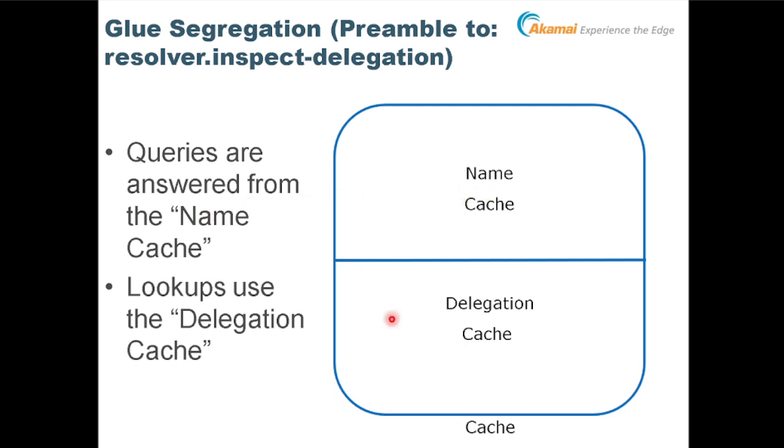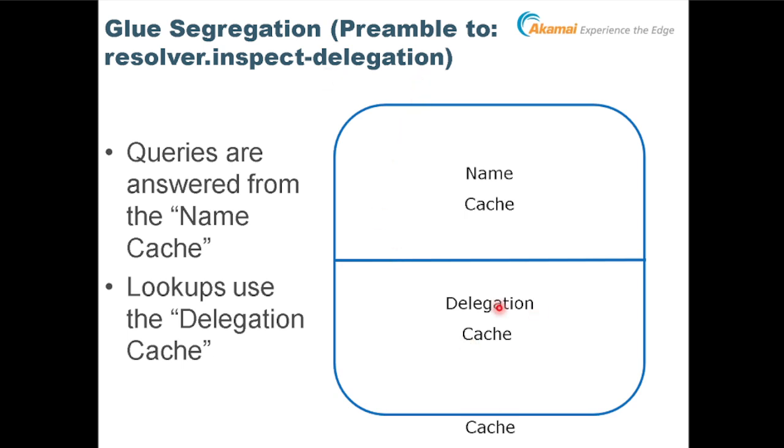Now, internally, CacheServe uses this delegation information to talk to the name servers, and in order to look at these two things, there are separate commands. The command used to look in the delegation cache is called inspect delegation. So it's a different animal.